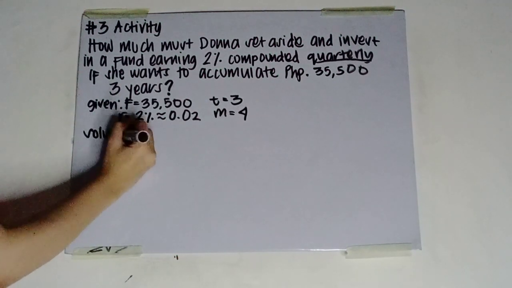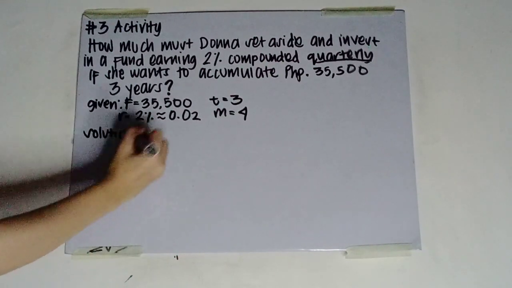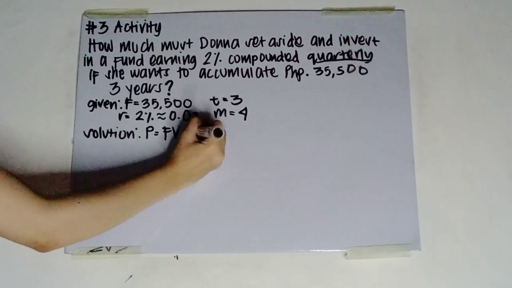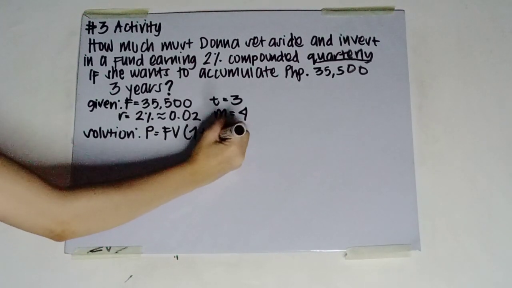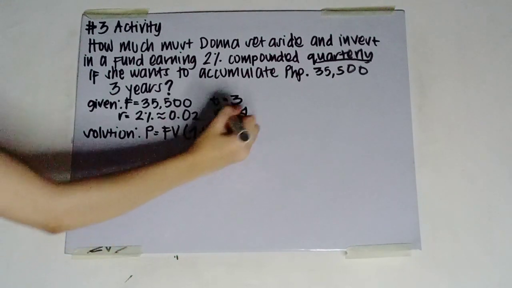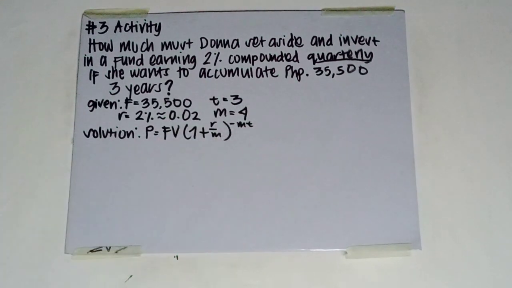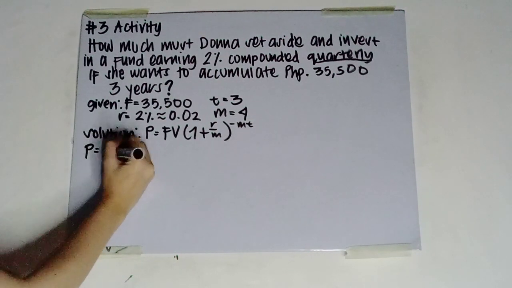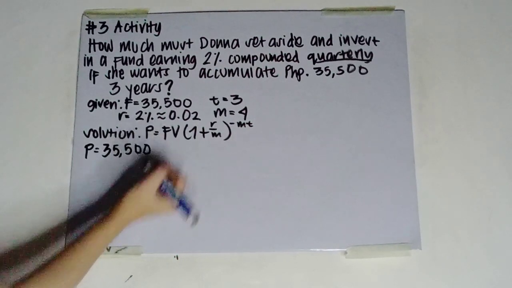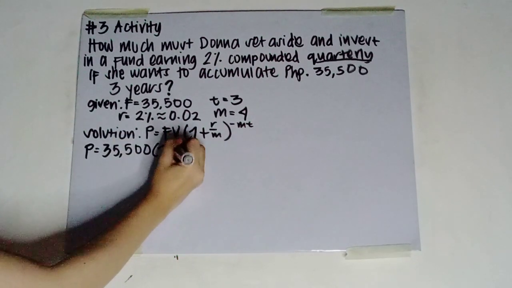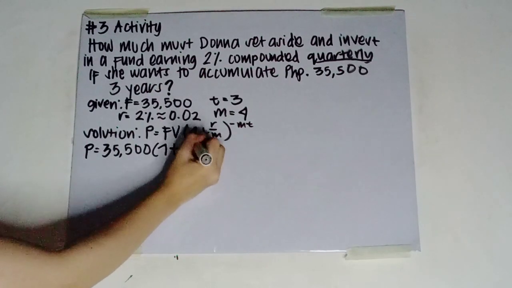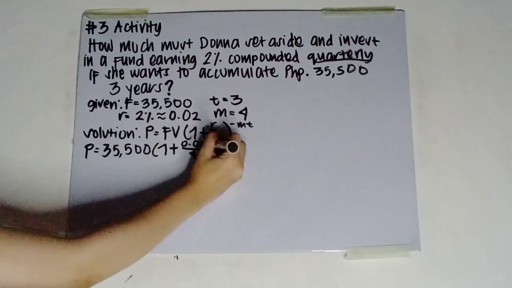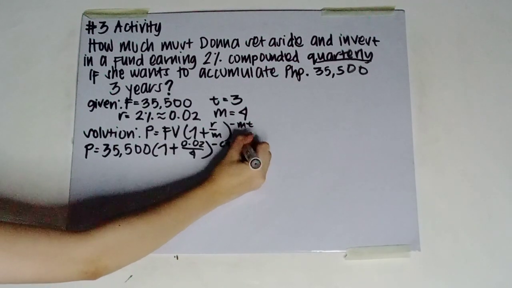Okay, then write the solution. P is equal to FV times 1 plus R divided by M, raised to negative MT. So P is equal to 35,500 times 1 plus 0.02 divided by 4, raised to negative 4 times 3.